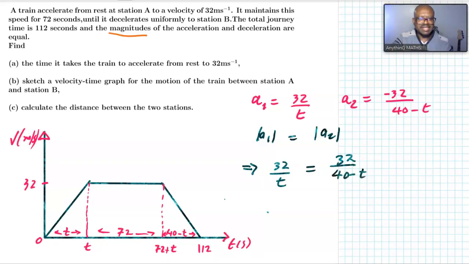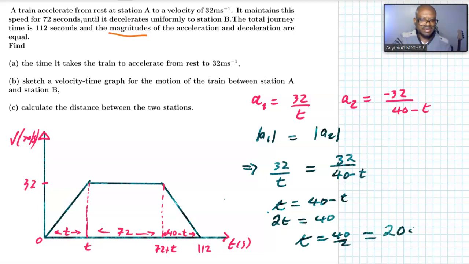Now the 32 will cancel, and using any algebra that is convenient to you, we can say that t is equal to 40 minus t, and therefore 2t is equal to 40, and t is equal to 40 divided by 2, and we're going to get 20 seconds as we got previously.